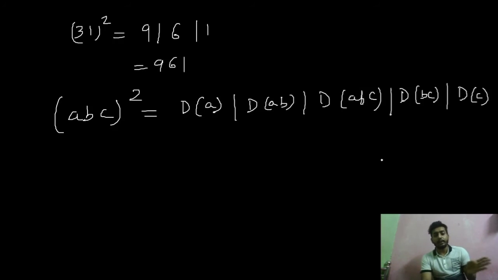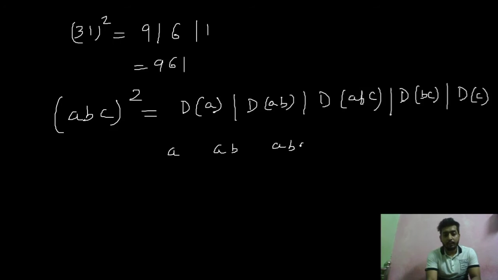We can see there is a pattern. The pattern is to start with A, then AB, then ABC. After completing A, we start with B, BC, and then C. This is the way to find the square of certain numbers. Again, what will be the square of A, B, C, D?